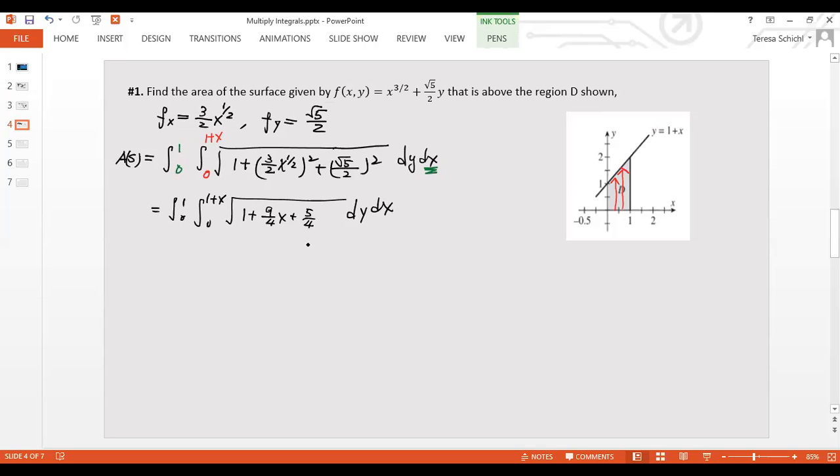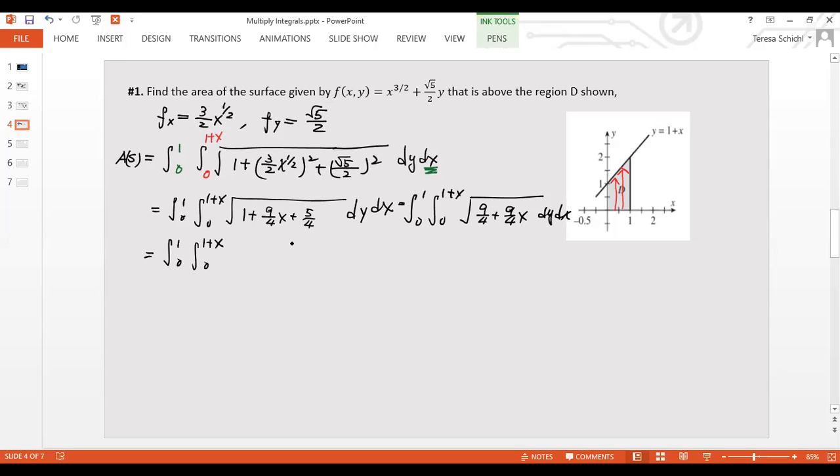Combining these, 1 plus 5/4 gives 9/4, so we have 9/4 plus 9/4 x, dy dx, with limits 0 to 1 and 0 to 1 plus x.